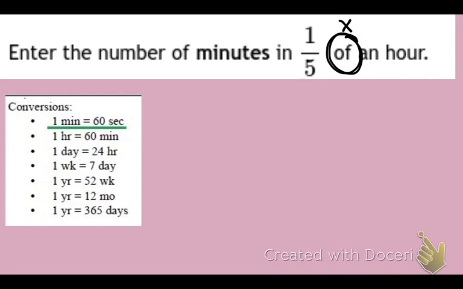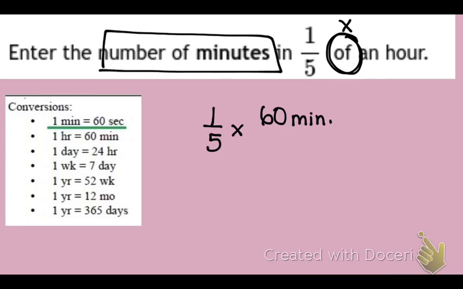So what we're taking is we're taking 1/5 of an hour. How long is an hour? 60 minutes, right? So we're going to be multiplying 1/5 times 60 minutes, because that's what they want us to find, is the number of minutes.